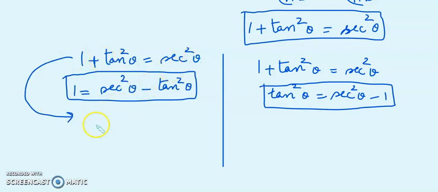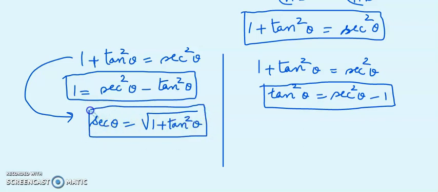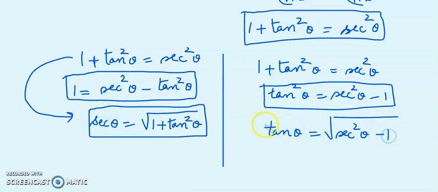The square root of that gives sec theta equals the square root of 1 plus tan square theta. Similarly, I can take the square root of tan square to get tan theta, which equals the square root of sec square theta minus 1.